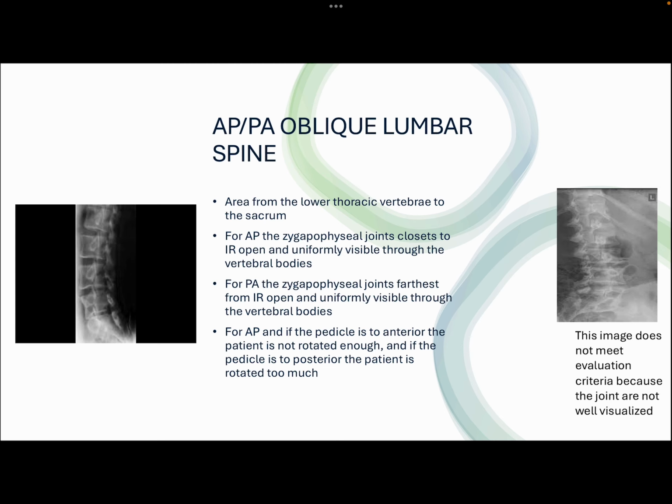For both AP and PA, if the pedicle is too anterior, the patient is not rotated enough, and if it's too posterior, the patient is rotated too much. As you see on the left, this image does meet evaluation criteria because you can see the Scotty dogs perfectly and all the open disc spaces. The image on the right does not meet it because the joints are not well visualized at all.